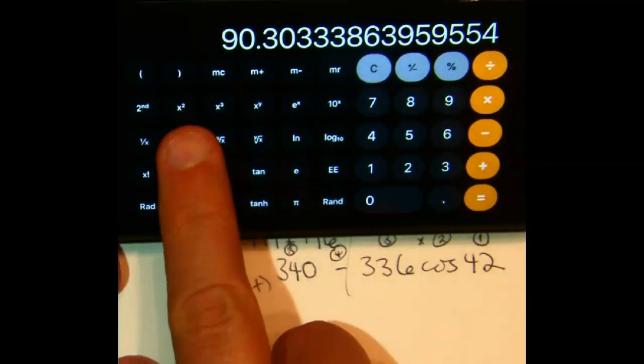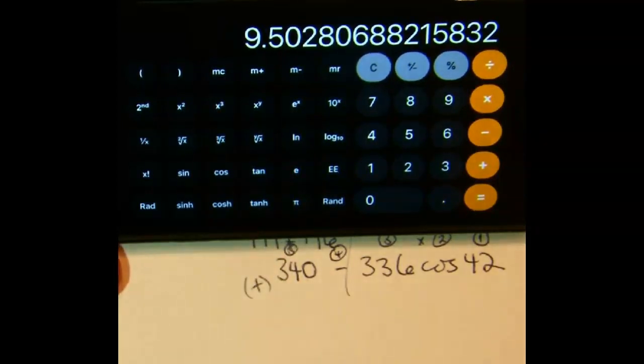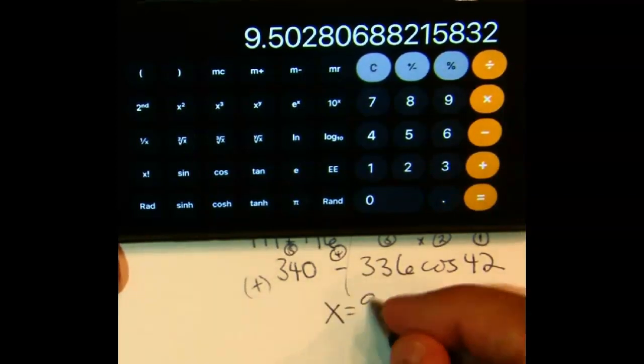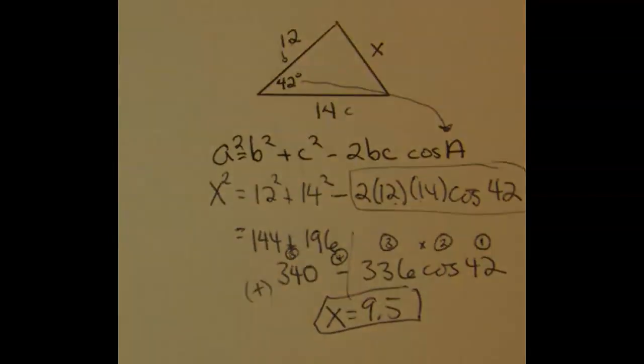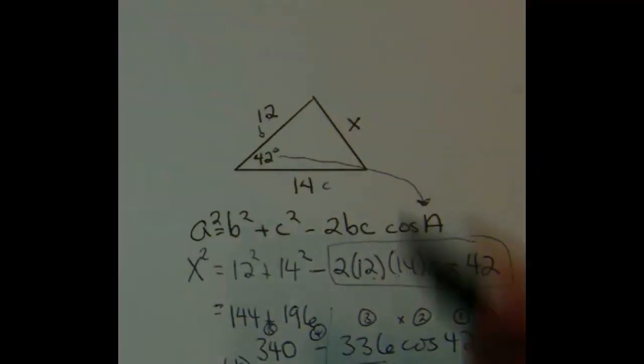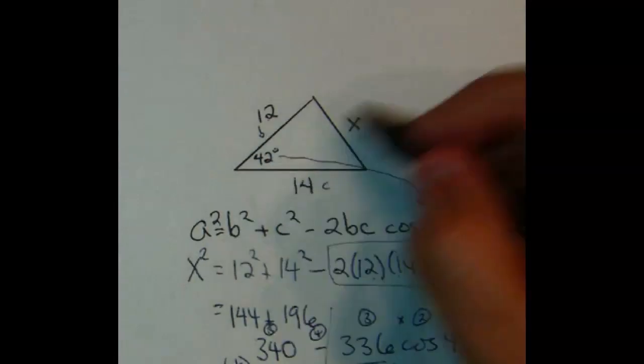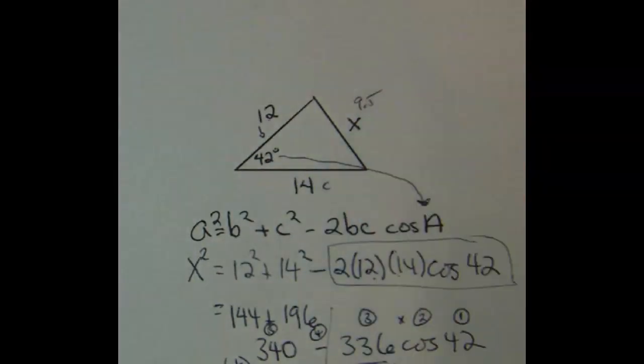Press that and we get 9.5, and that is the value of x. So if you look at our picture, that does kind of make sense. 12, 14, 42 degrees, 9.5. That side's slightly shorter than the other two.